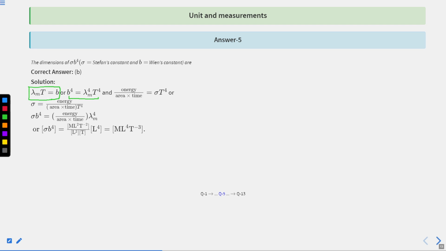This is the formula. Ignore this term. So after calculating and putting the dimensions formula of energy, area and time, the answer will be this. So correct option is B.